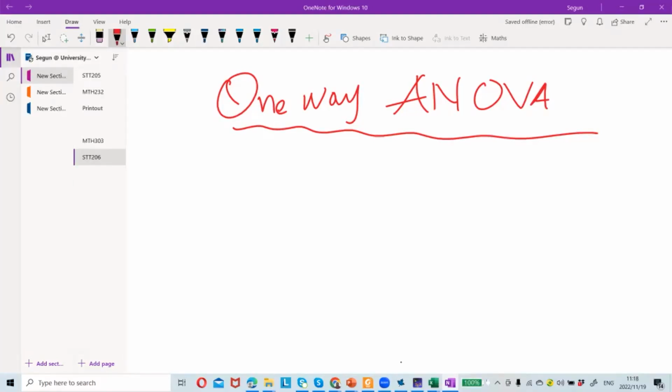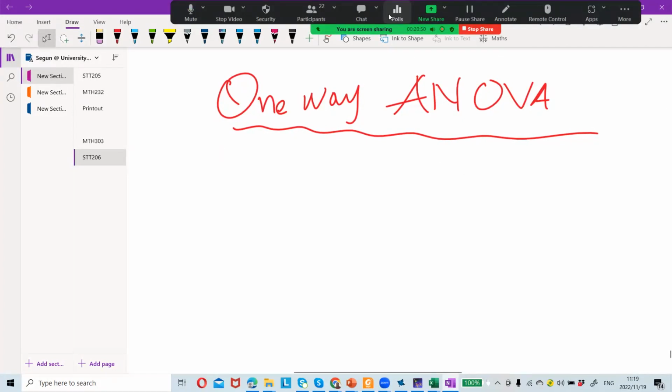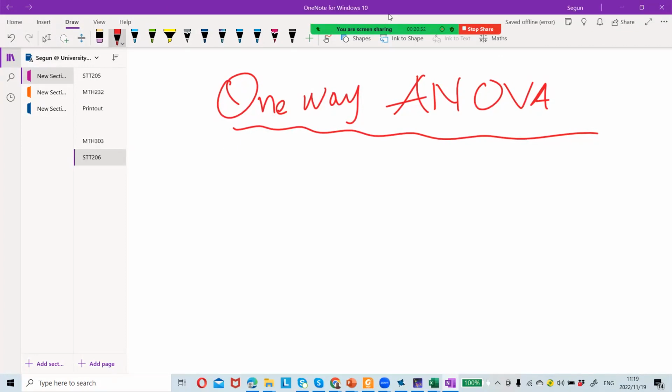Analysis of variance. Now we use the F distribution to solve it. I think our table covers the F distribution, right? Yes, sir. Okay, let's look at this example.